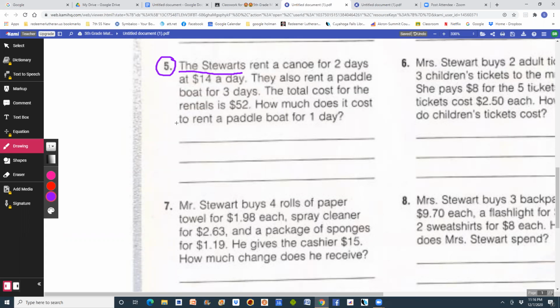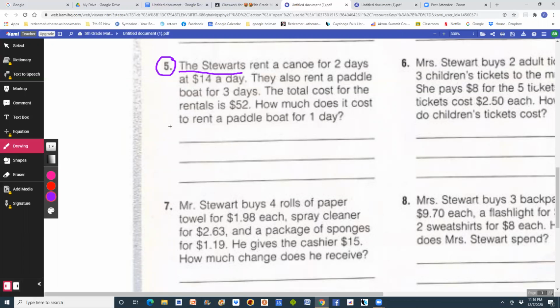How much does it cost to rent a paddle boat for 1 day? And let's look at it again. The Stewarts rent a canoe for 2 days at $14 a day. They also rent a paddle boat for 3 days. The total cost for the rentals is $52. How much does it cost to rent a paddle boat for 1 day?